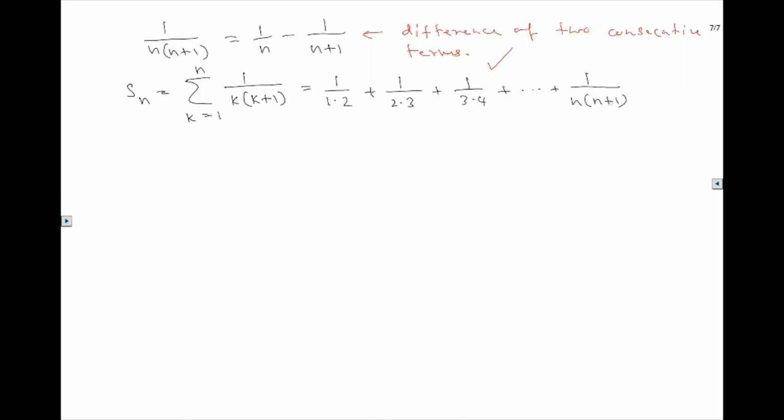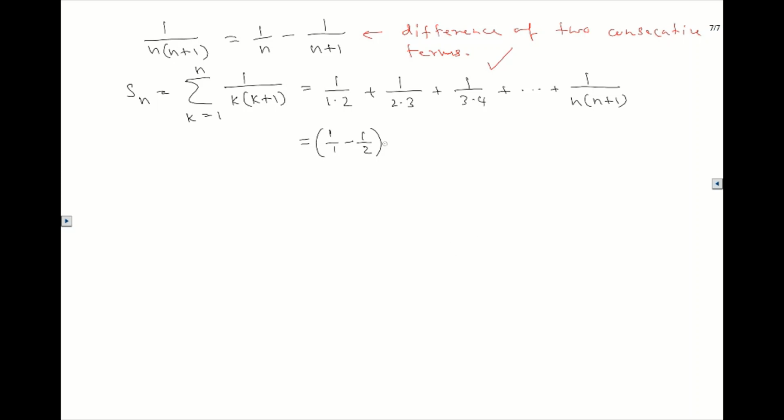Now we knew from the previous partial fraction decomposition that each such product is a difference between two terms. So you can write the first term as 1 over 1 minus 1 over 2, because when we have 1 over n(n plus 1), it becomes 1 over n minus 1 over n plus 1.